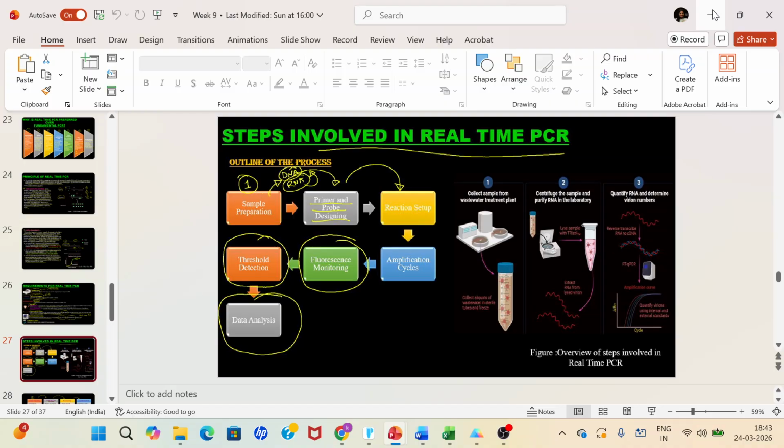One way is this. The other way is you provide it with the cDNA or DNA, and then the amplification will happen. So it depends totally upon what kind of sample you have. Whether you have RNA or DNA, the steps will be designed accordingly for the RT-PCR.